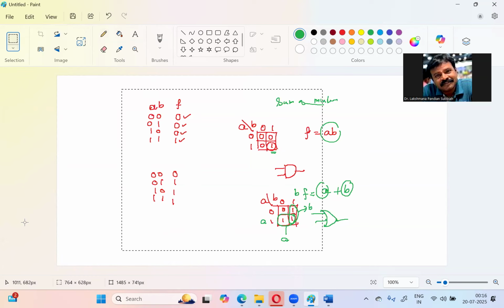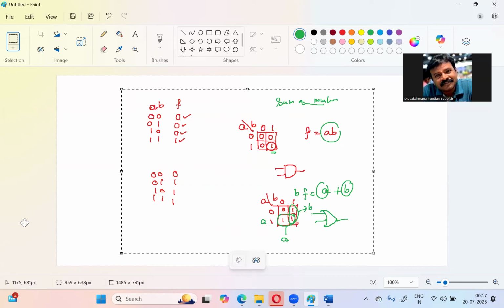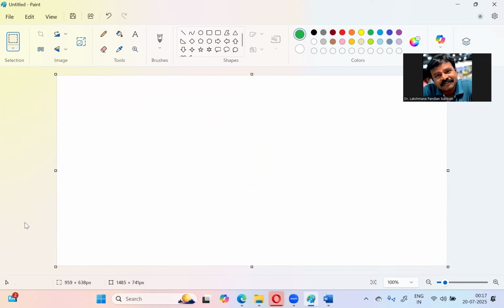Now if you have three variables, how do you design that? Three variables A, B, C. AB in row and C in column.